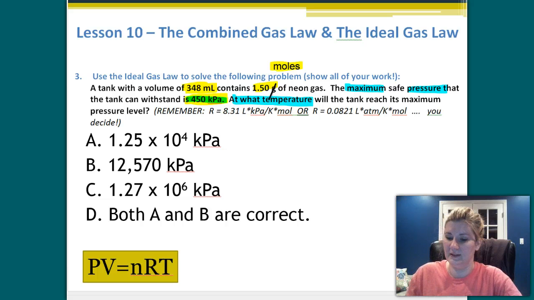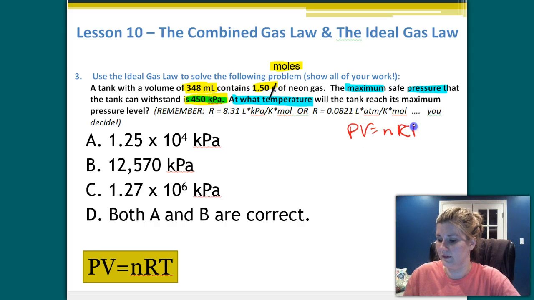All right. Let's set this up with our variables. We're given our equation down here. I'm going to rewrite it. And I did give you the R values. Okay, so you see your 8.31 or your 0.008.